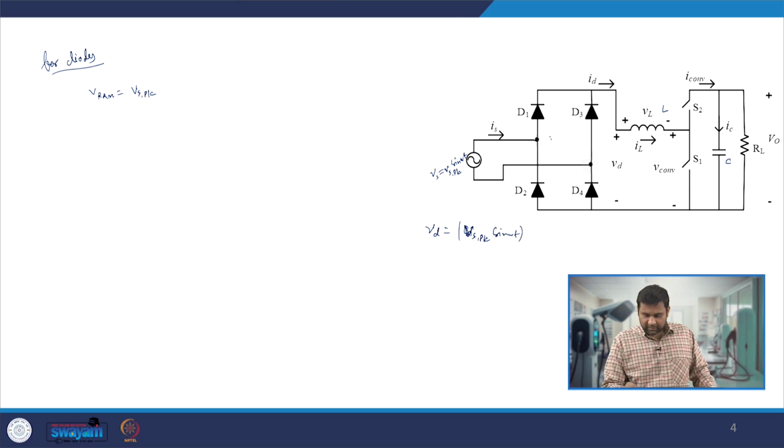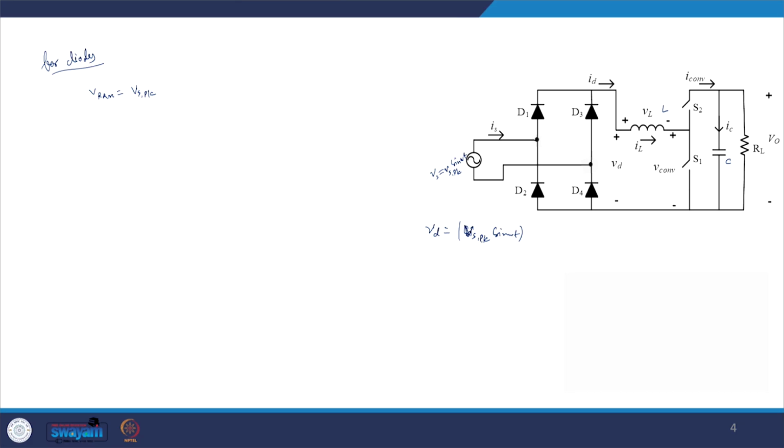Whenever D1 is on, that entire modulus Vs peak sin omega t will appear across D2, and the same thing happens in the negative half cycle for D1. So the maximum rating for which the diode needs to be sized is Vs peak, the peak value of the input sine wave.